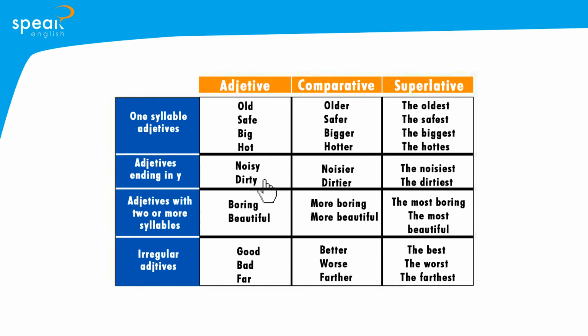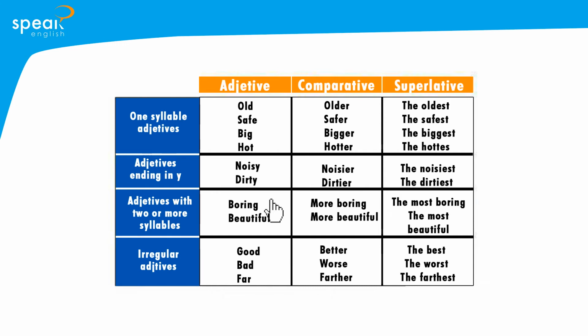Another example, dirty. The comparative, dirtier. The superlative, the dirtiest. Rule number 3. Adjectives with 2 or more syllables. You are going to use the words the most.